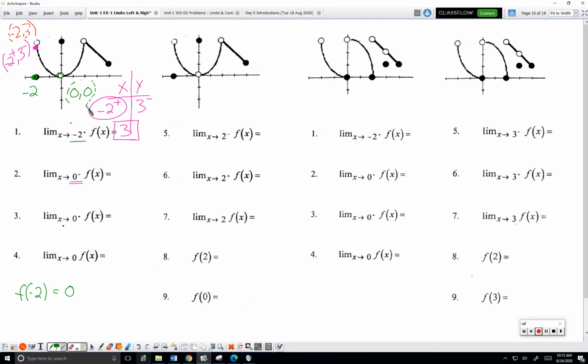I'm looking at the dot that is just a little bit negative of x equals 0. So I'm looking right here. So if I were doing an xy table here, when x has a value that is just barely negative of 0, the y-coordinate is just barely positive of y equals 0. Therefore, this limit is precisely 0.